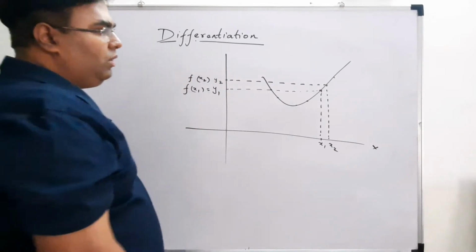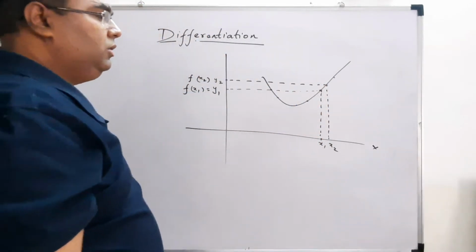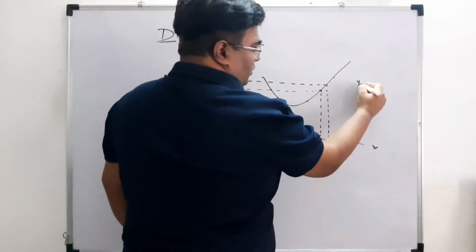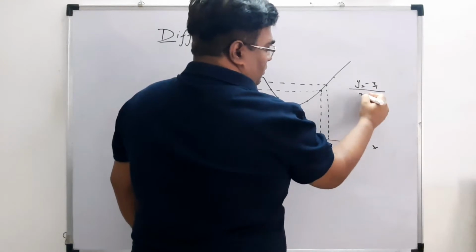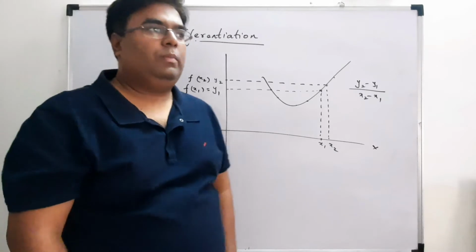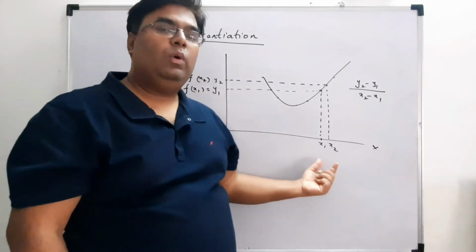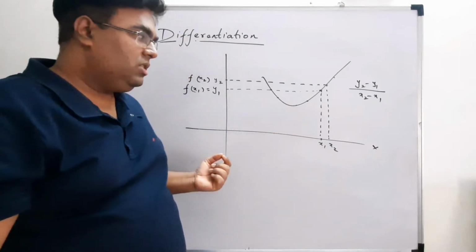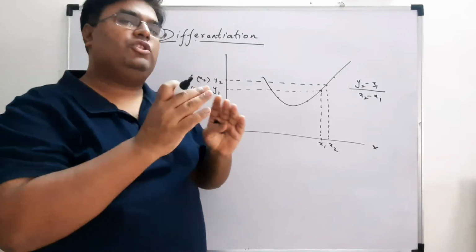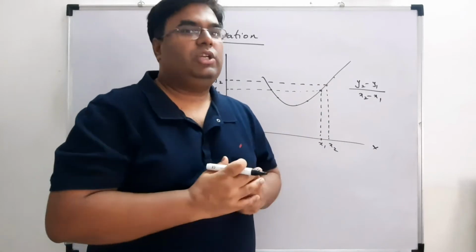So we want to know what is the change which has happened here. For a change we write a formula like this: y2 minus y1 upon x2 minus x1, meaning change in y with respect to x. If we are changing our x, my y is also changing, and we want to know how fast, how slow that change is happening.